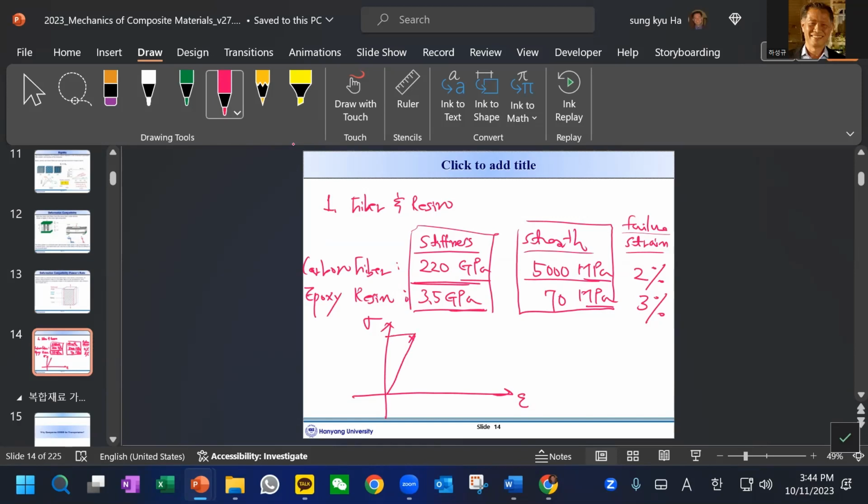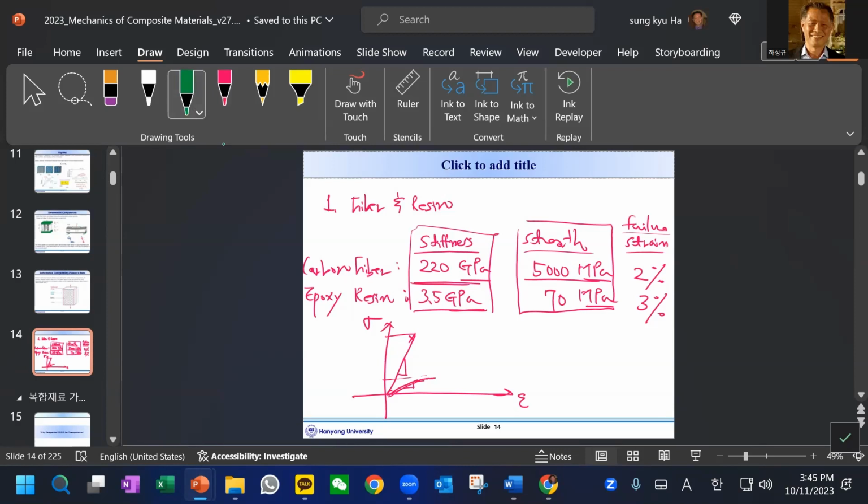And the strength is 5,000 and the slope will be 2,020 gigapascal. And the epoxy resin system's stiffness, as you can see, is very, very small compared to this, and the strength is also very small. And then there will be some plasticity. This is the very typical curve, and this is the slope, and this is the strength.